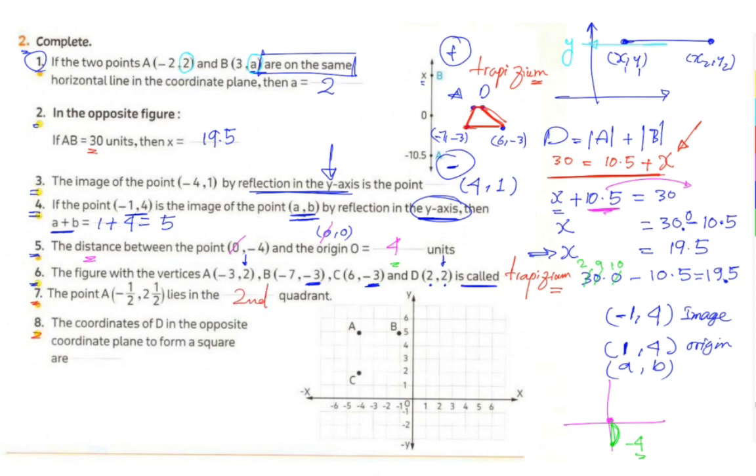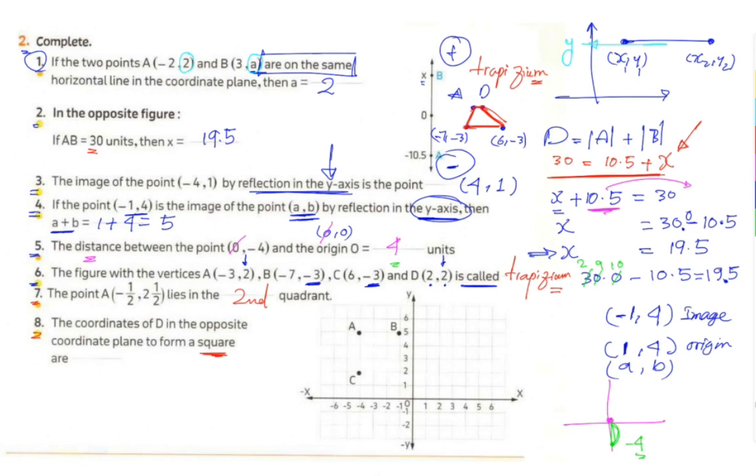Last point, 8. The coordinates of D in the opposite coordinate plane to form a square are what? I have three points, A, B, C. I need to find a square.